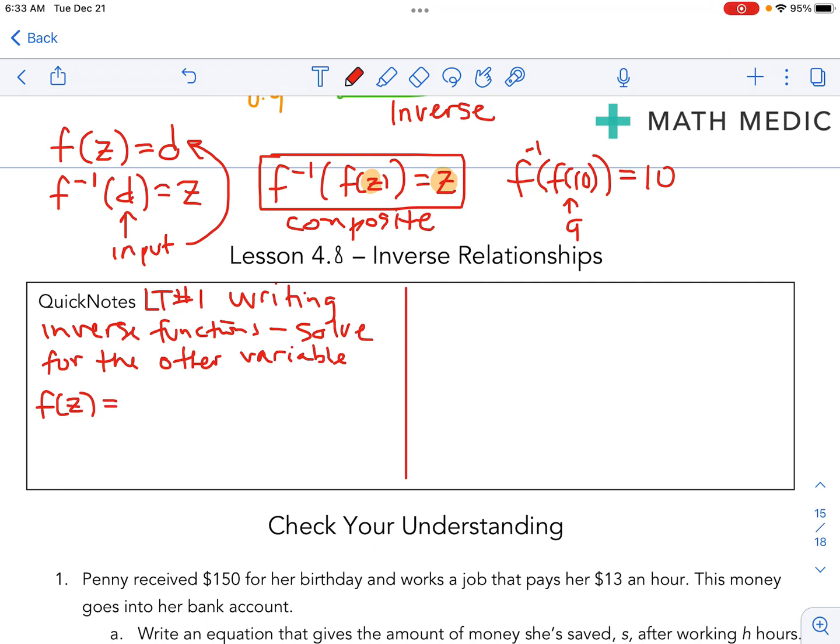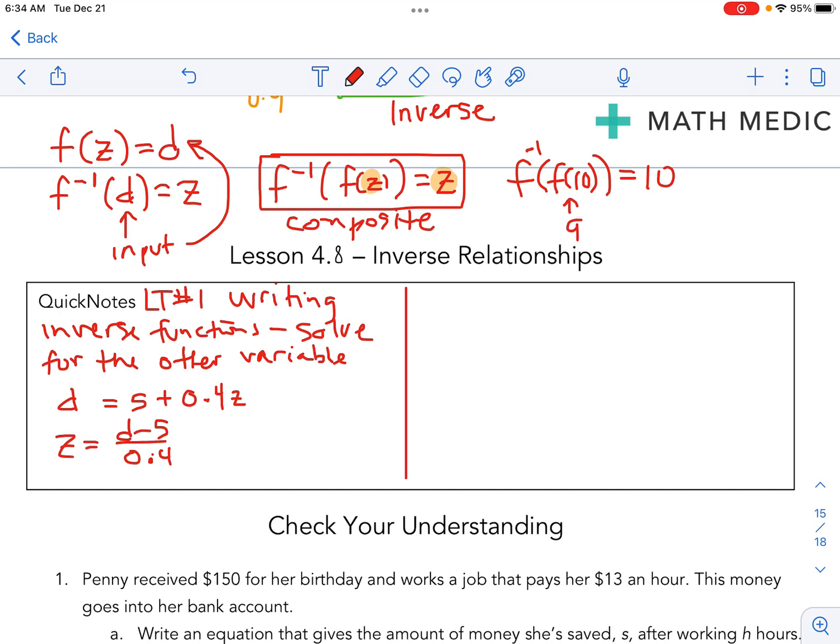So in other words, relative to our notes here, we had an f of z, which was 5 plus 0.4z. And then we solved for z. Actually, maybe I should say d, because that's really what we had to begin with. And then we solved for z, and we got z equals d minus 0.5 over 0.4.